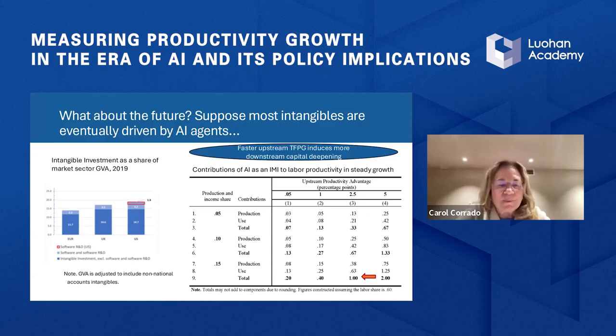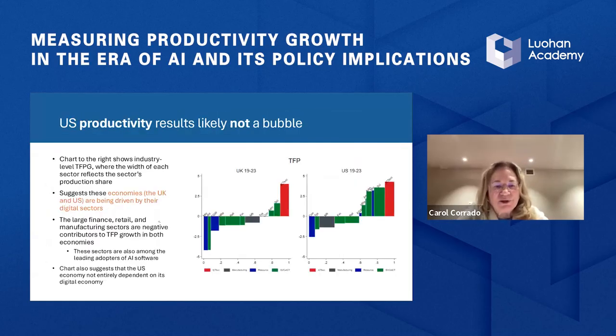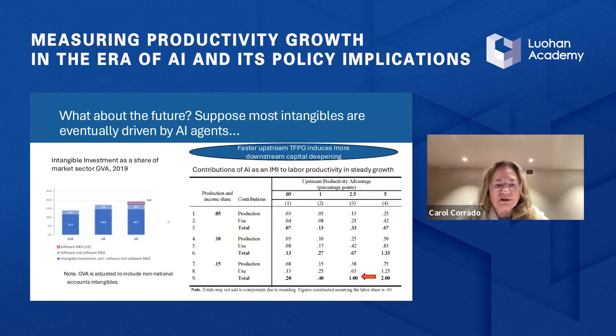The chart on the left is a calibration of the size of intangible investment relative to market sector gross value added, and you can see that it's approaching 20%. So suppose that 15% of the economy is being produced by AI technologies.